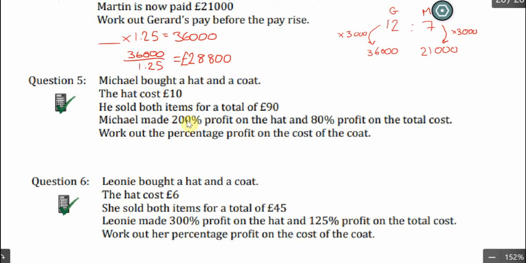Okay, well, if he made a 200% profit on the hat, that means £10 would have been a 100% profit. 20, so he's made £20 on the hat. So he sold the hat for £30. He sold both items for 90, so he must have sold the coat for 60.